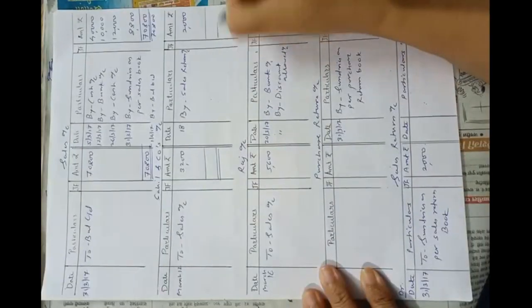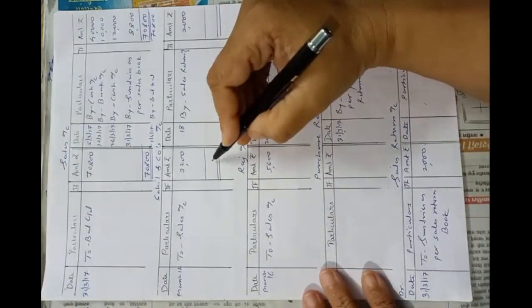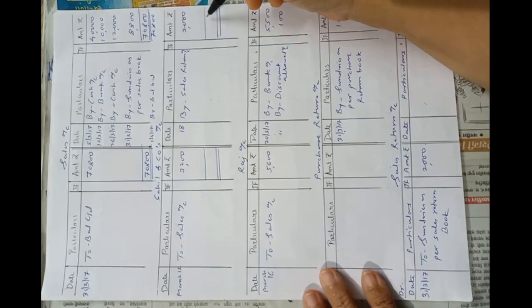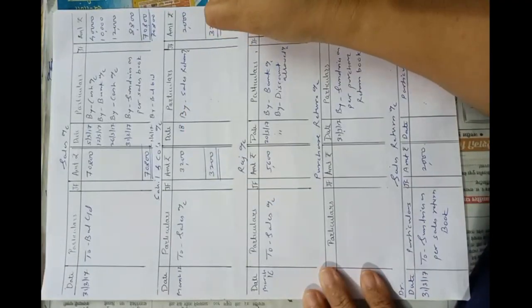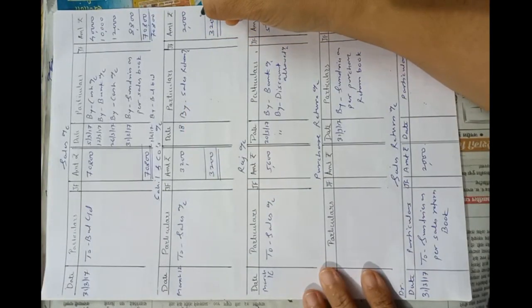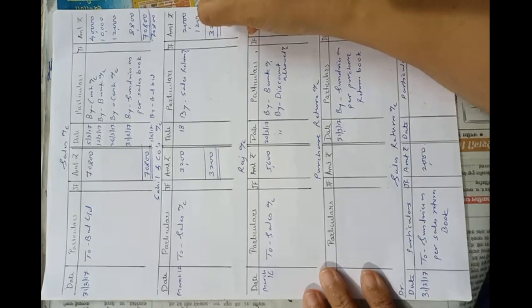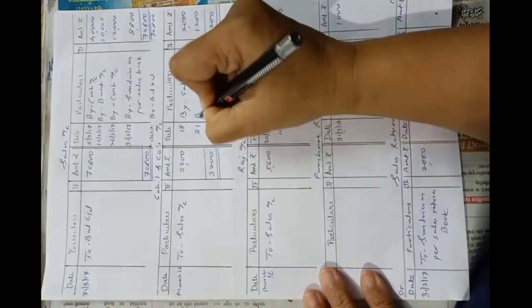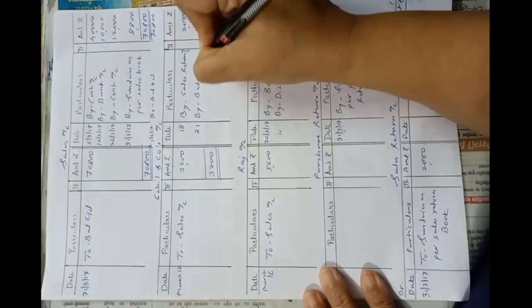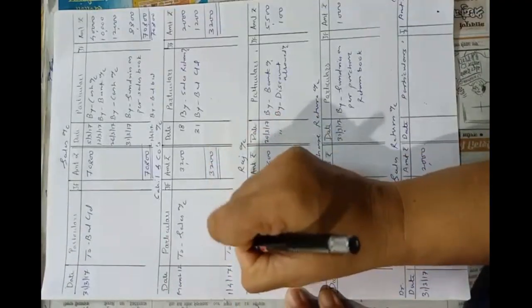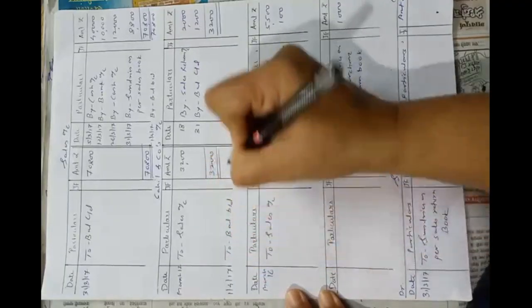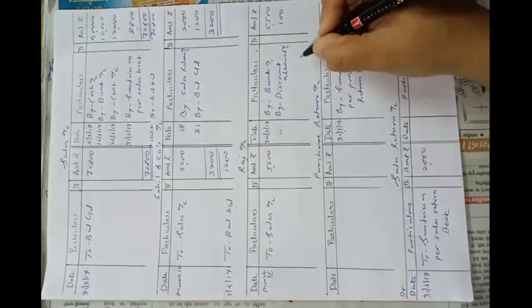Okay, now Sahil and Company's account, debit total is 3,200, credit total is 2,000, so 3,200 minus 2,000, so it will be 1,200 on 31st March by balance carried down, and opposite side on 1st April to balance brought down 1200.